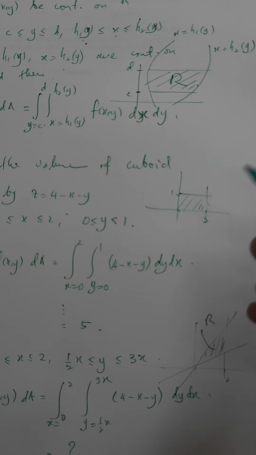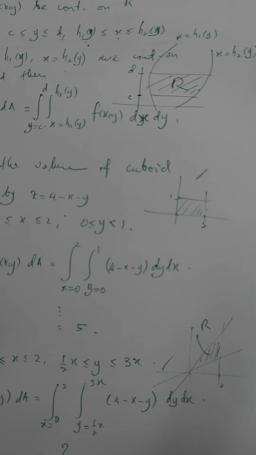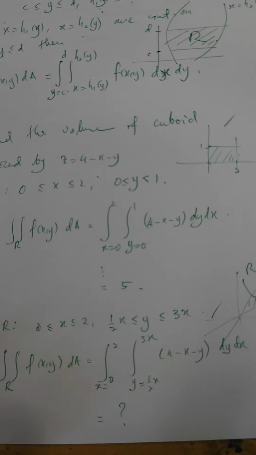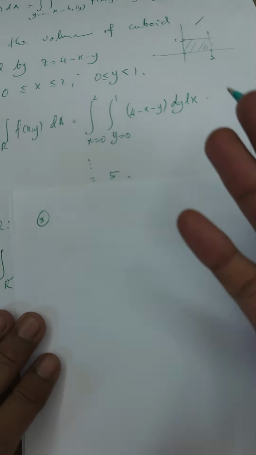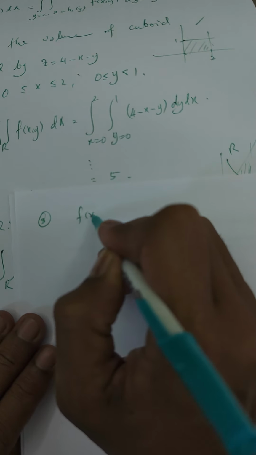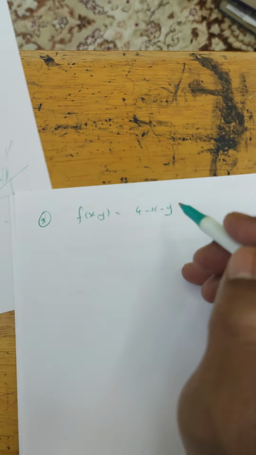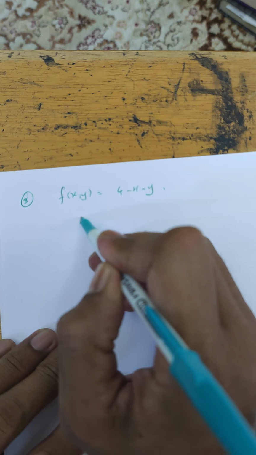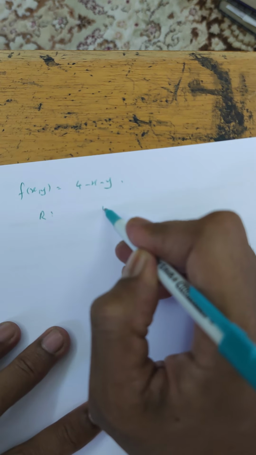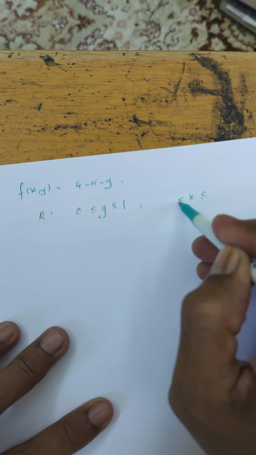So this is for Fubini's number 1, this is for Fubini's number 2, and if you want Fubini's number 4, you can change. Let's say I give you an example for Fubini's number 3. We use the same function, our z or f(x,y) is given as 4 minus x minus y, but our R is given, let's say, y from 0 to 1 and x between 2 functions.